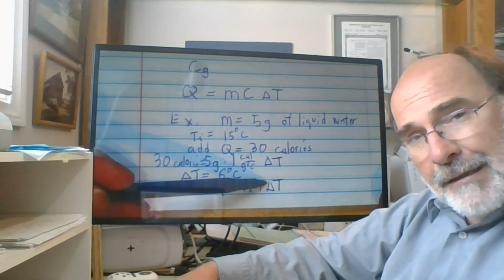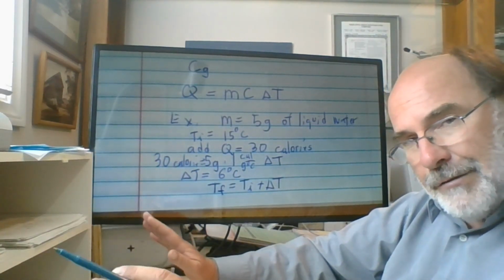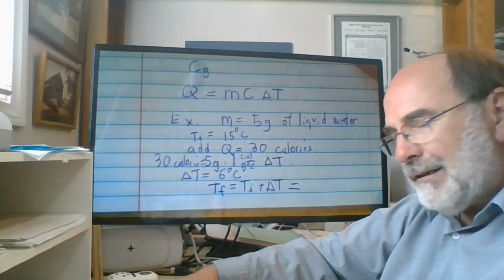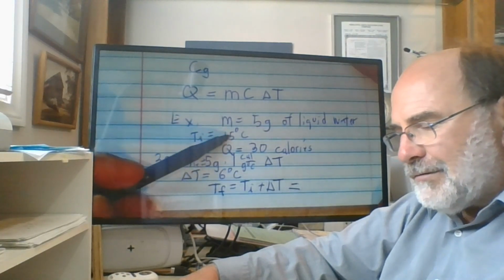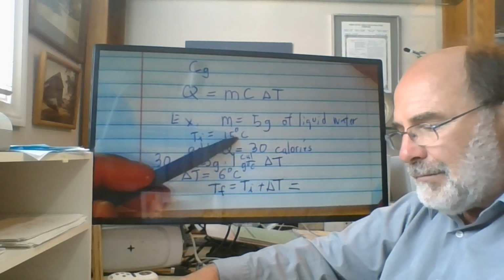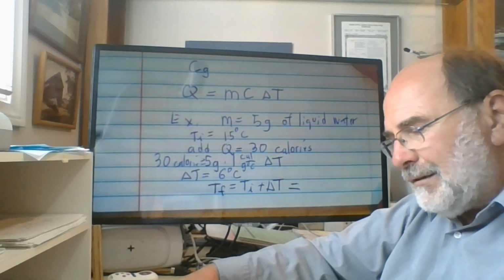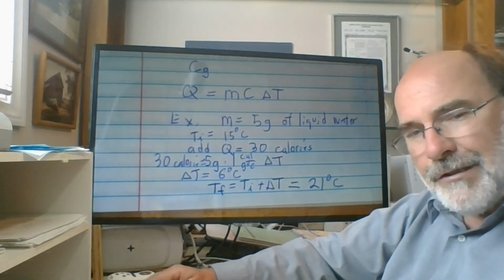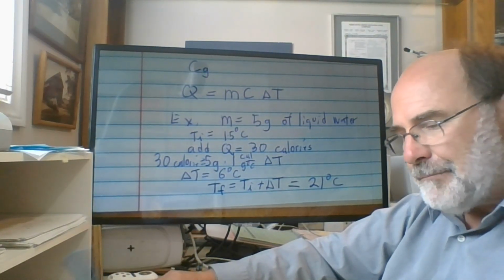And don't forget, this can be positive or negative. The temperature can go up or down, increase or decrease. In this particular problem, you can do this one in your head, right? I get 15 degrees initial temperature plus an increase of 6 degrees Celsius means my final temperature is 21 degrees Celsius for all 5 grams of that water in this example.